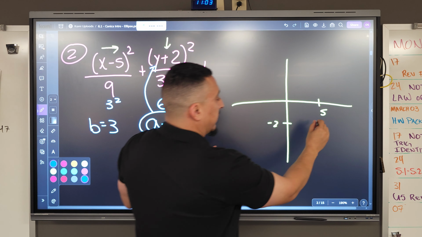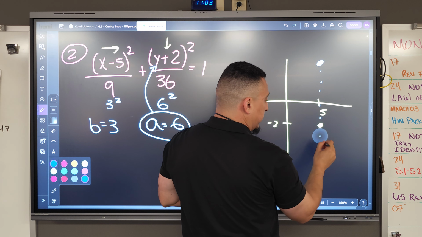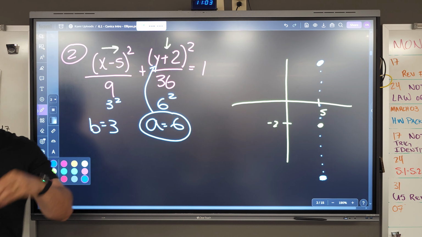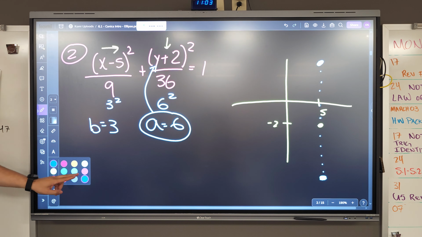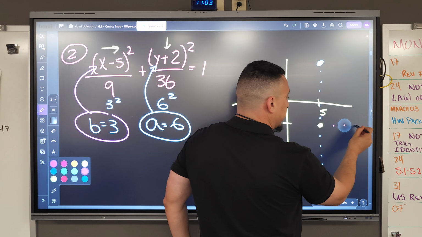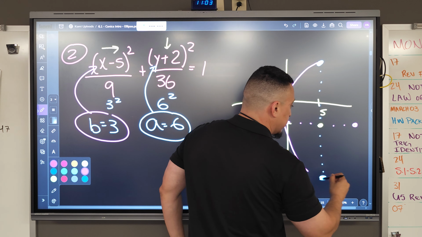So 1, 2, 3, 4, 5, 6. This is a really rough sketch. Okay, 1, 2, 3, 4, 5, 6. I'm just trying to get right to those answers. Okay, and then 3 on the X, because 3 is here with the X, right? So 1, 2, 3, 1, 2, 3. Okay, and there it is.